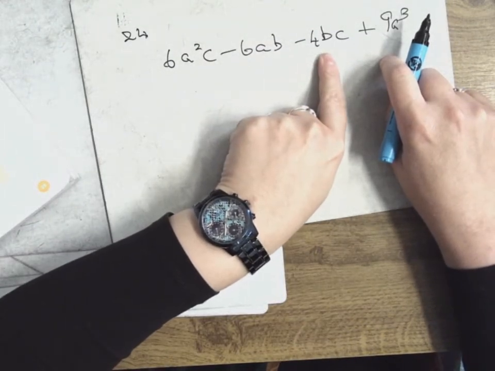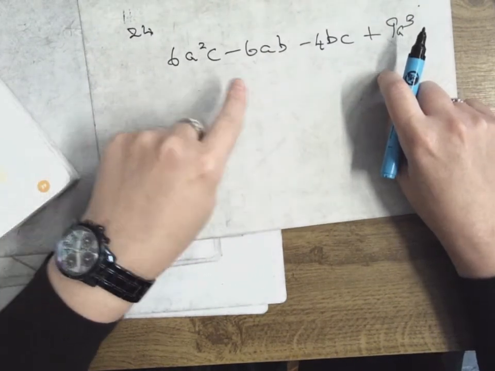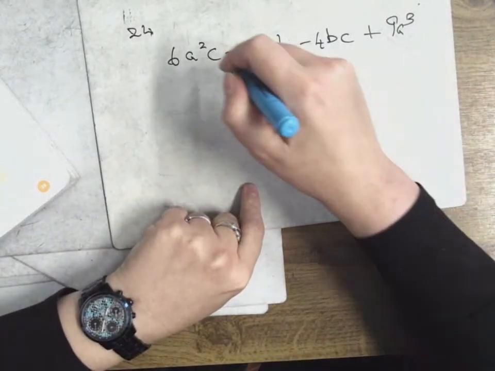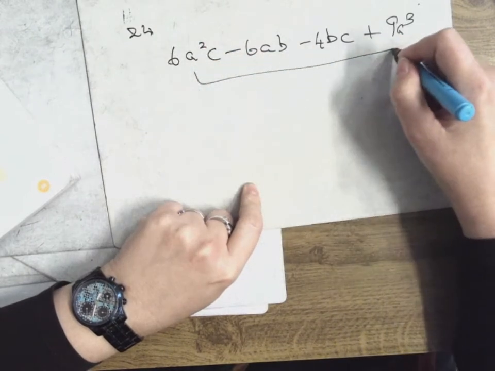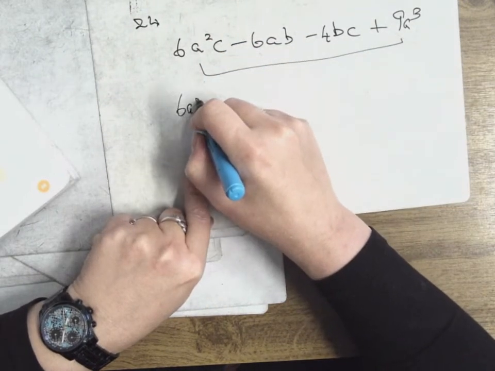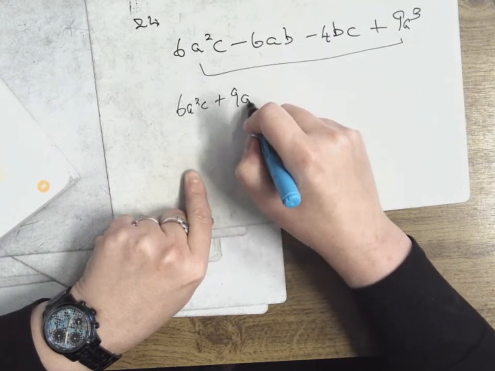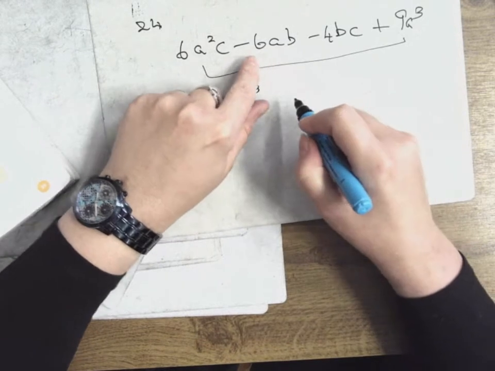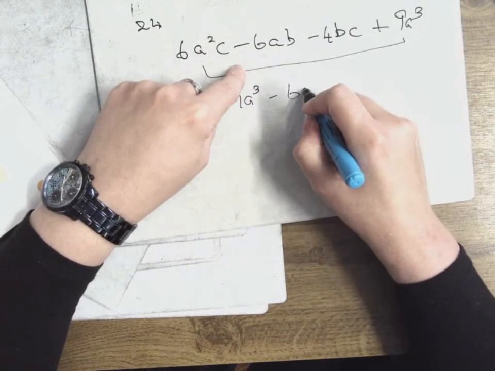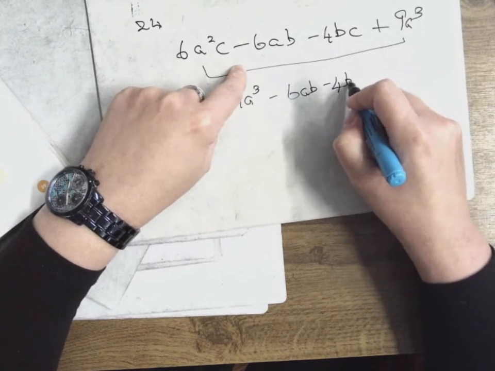Would you agree? So I better not do that. So what did he do? Did he do 1 with 4? So will I write 6a squared c, and then I'm going to put plus 9a cubed together, and then I'm going to put number 2 then, and number 3. Is that okay? So I've just written them in a different order.